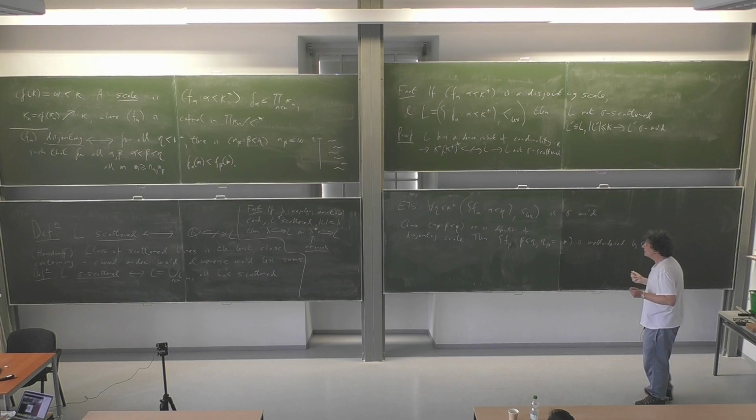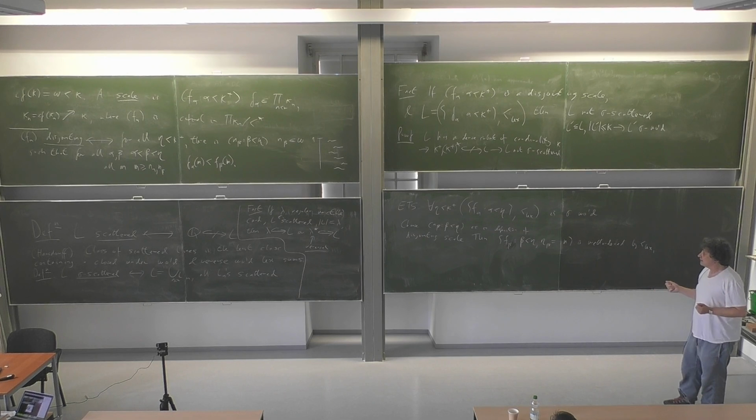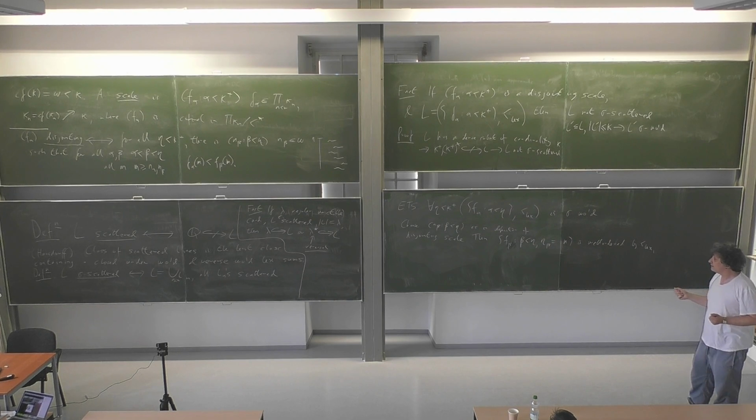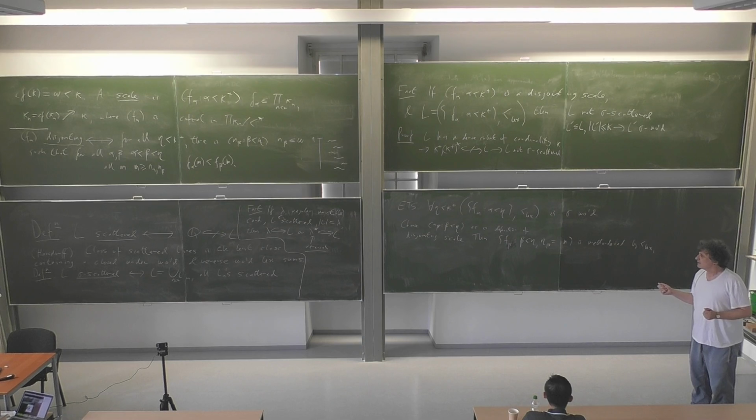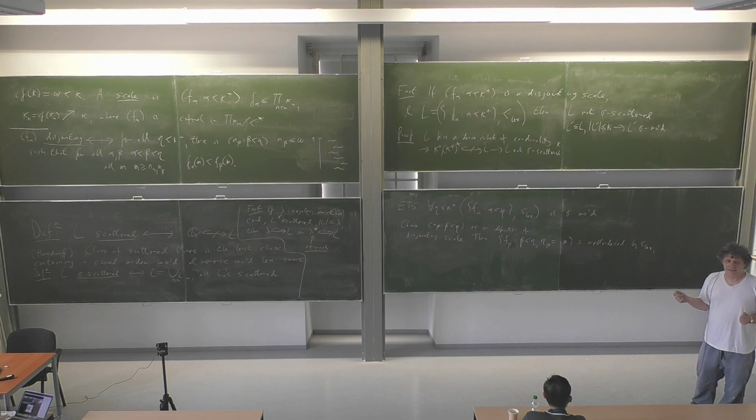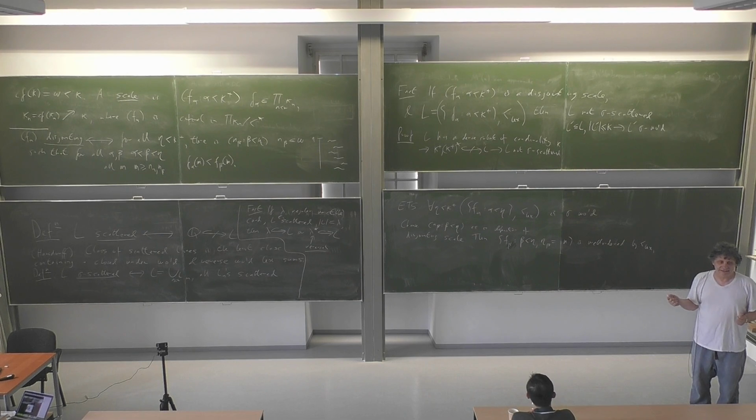And the reason it's well ordered by Lex is that if I have two distinct guys in this class, I know that one of them eventually dominates the other, so I know that they differ eventually.